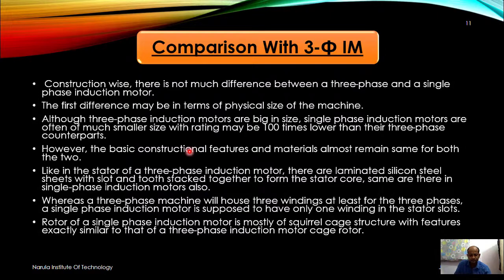Now if accidentally one phase is damaged, and this happens when the motor is carrying a load less than half of the rated load, the motor will continue rotating at a lesser speed, because with the damage of a single phase of the three-phase winding, the remaining two phases will work similar to a single phase induction motor.